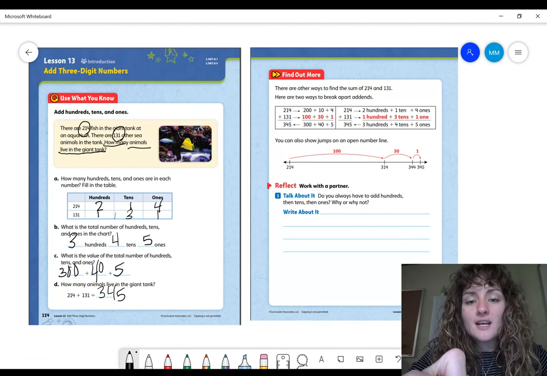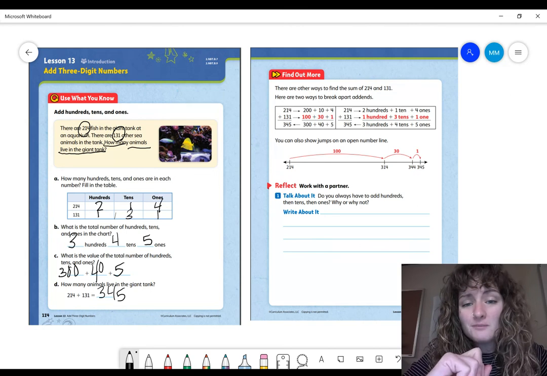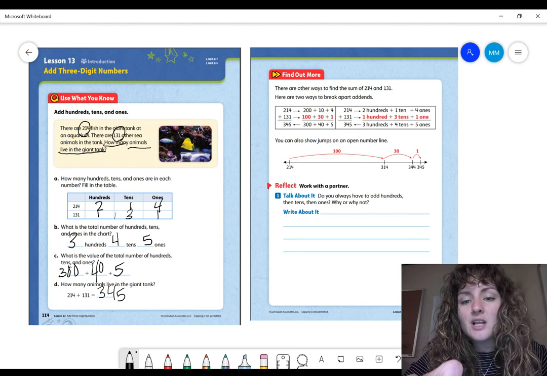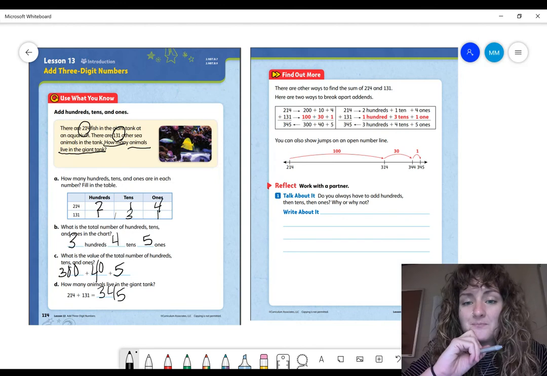So in 214, if you look at this little arrow, it shows us the value of each digit. So 214 is 200 plus 10 plus 4. 131 has a value of 100 plus 30 plus 1. What did they do after they found the value of each digit?